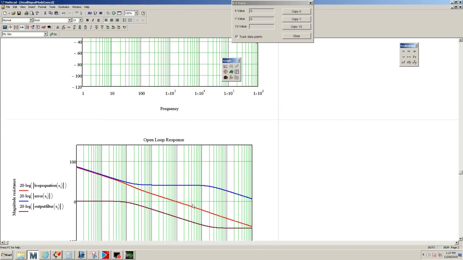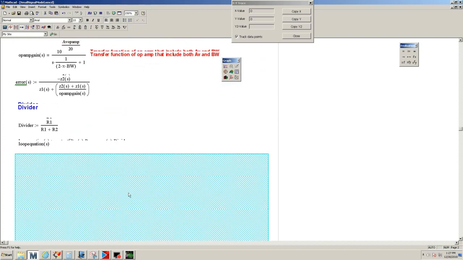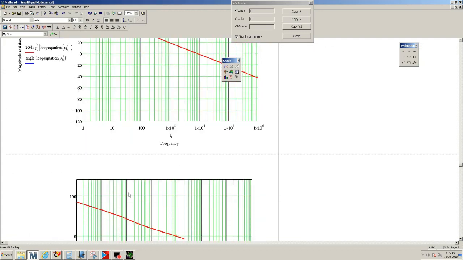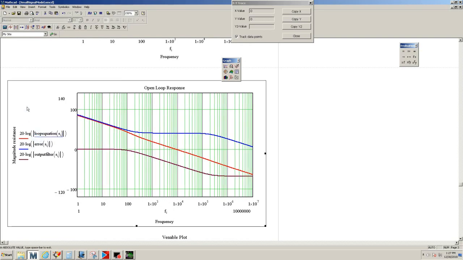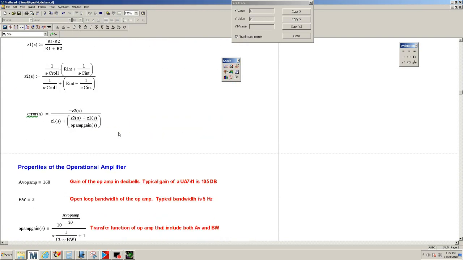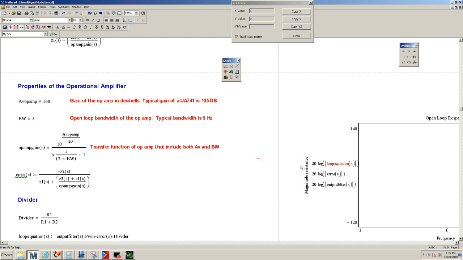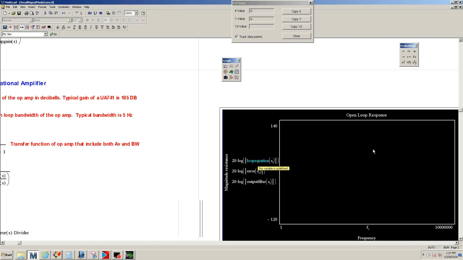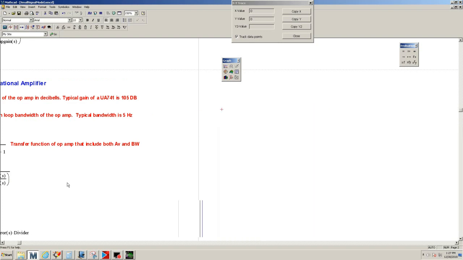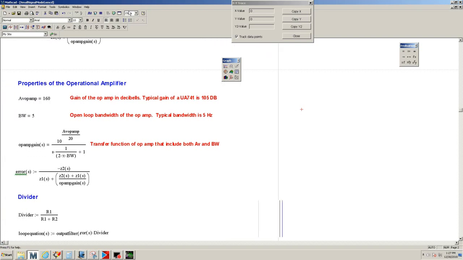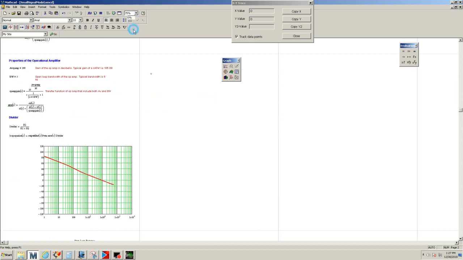Okay, let me see if I can show both. I wonder if I can copy this and paste it on this side. Will it work? No, it has to be below. I can't do it. But okay, I think you can see the effects.